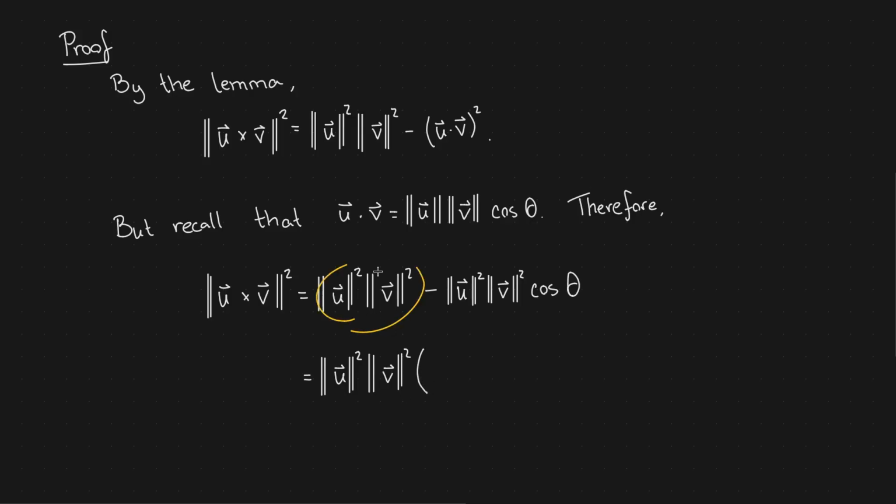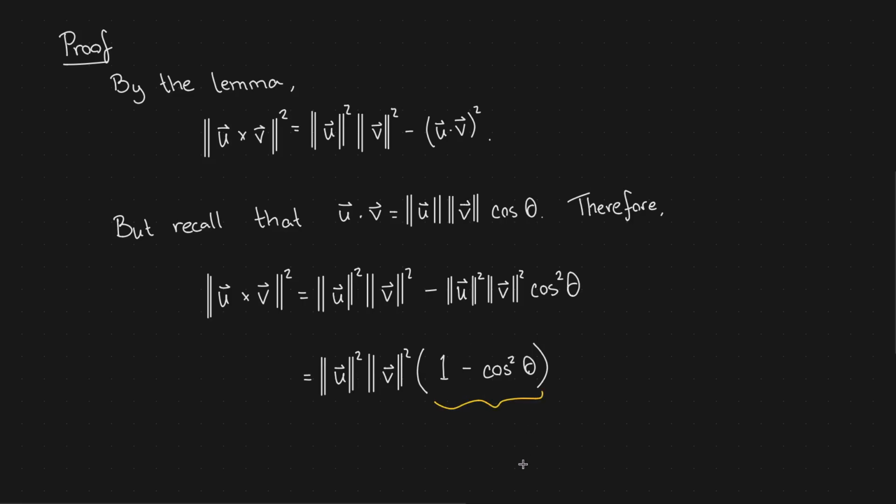That leaves me with a 1 here, and all I'm left with here is the cosine squared of theta. And now once we see this, there should be alarm bells going off in our head. This should look familiar.